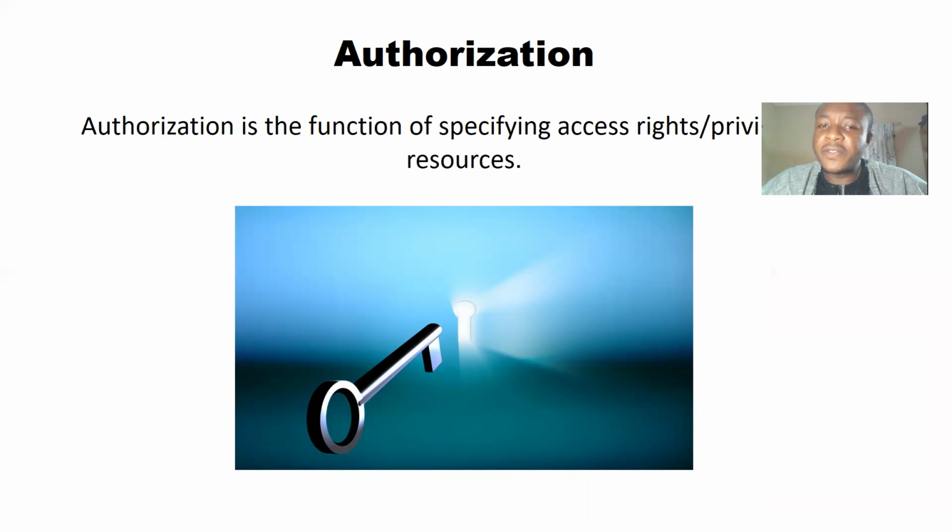Yes, so authorization is a function of specifying access rights and privileges for a resource. Let's say, for example, James has come in, you've opened the door for James. That means he has been authenticated and has been authorized to come into the house, right? And after James comes into the house, maybe he sits in your living room, you go into your house to lock every other room and leave the visitor's guest room open for James to have access to.